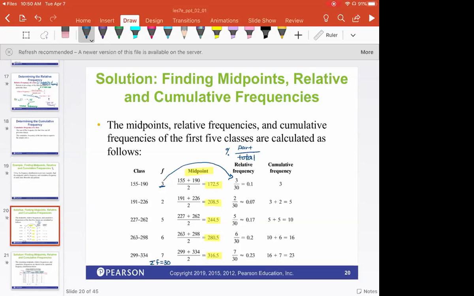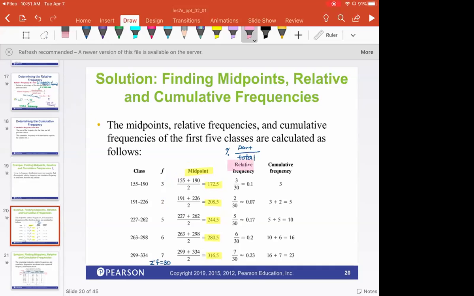So everything will be divided by 30. My next number is 2, and I'm going to write it as 2 over 30. And the next number is 5, I'll write it as 5 over 30. And we do that for every single one. And from there, we use our calculator. 3 divided by 30, you'll get a result of 0.1. 2 divided by 30, you get 0.07. So to get those answers, you use a calculator.